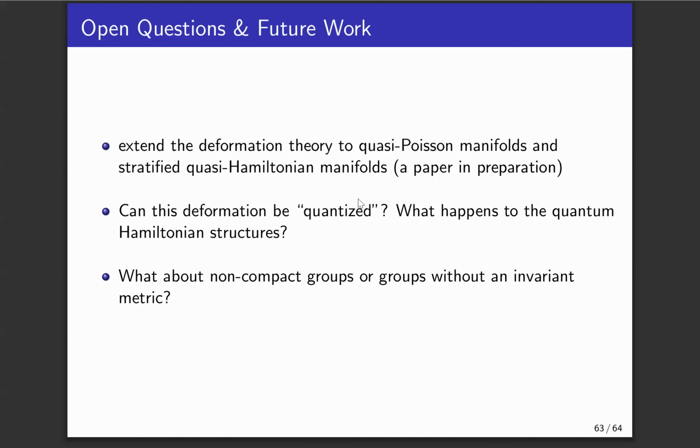Also, this theory of quasi-Poisson manifolds extends in some sense our deformation theory of quasi-Hamiltonian manifolds, because non-degenerate Hamiltonian quasi-Poisson manifolds are equivalent to quasi-Hamiltonian manifolds. So it's a generalization of our work in the case of smooth quasi-Hamiltonian manifolds.